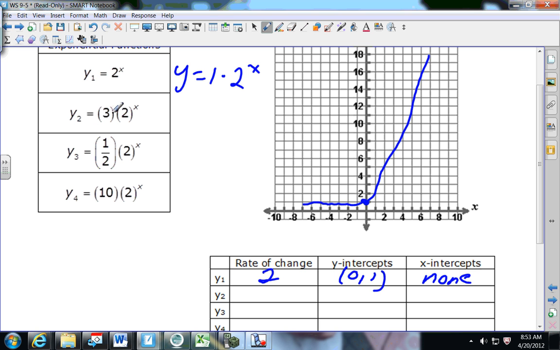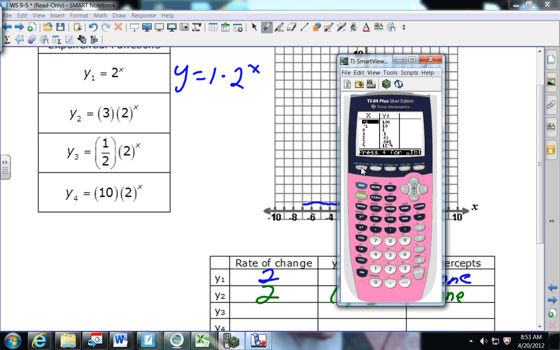All right. What about this one? What is my rate of change? It is 2. Remember, it's whatever the base is. What is my y-intercept going to be? (0, 3). And there is no x-intercept. So let's look at this for a second. Let me get all this cleared out here.